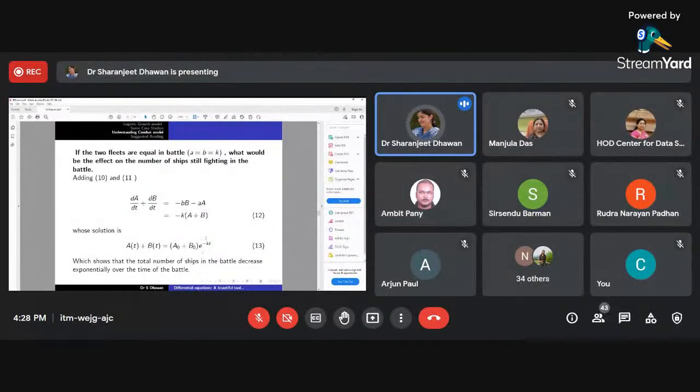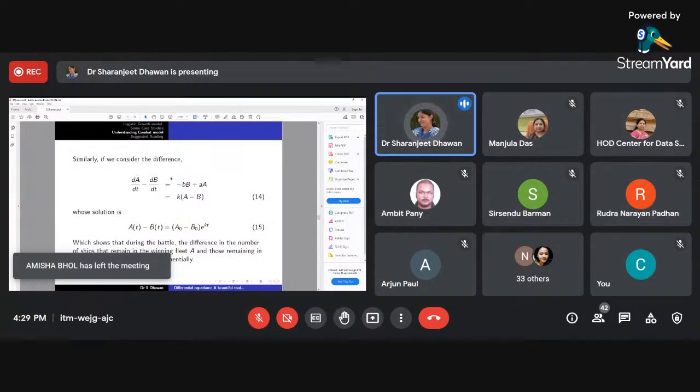We reach this expression, and it shows that the total number of ships in the battle decreases exponentially over the time of the battle. On the other hand, in case we find the difference between the two, if we subtract, then we reach this conclusion, and it shows that during the battle, the difference in the number of ships that remain in the winning fleet A and those remaining in the losing fleet B increases exponentially.